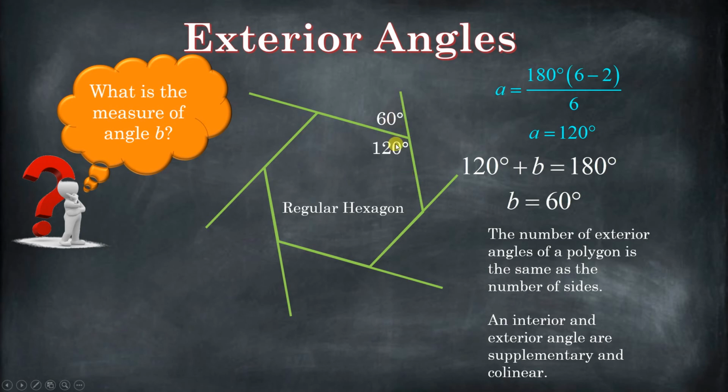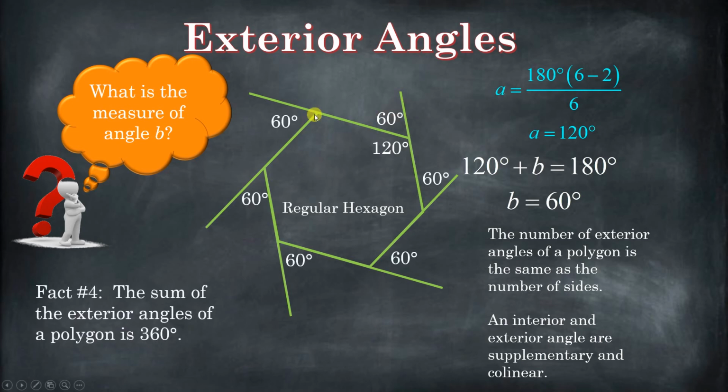But either way, this is a straight angle. This is a collinear set of angles right here. They're supplementary, add up to 180, right? Now, if it's a regular hexagon, these are all 60 degrees. There's 6 of them. That makes 360 degrees total. Turns out that's always the case. The sum of the exterior angles of any polygon is always 360 degrees.